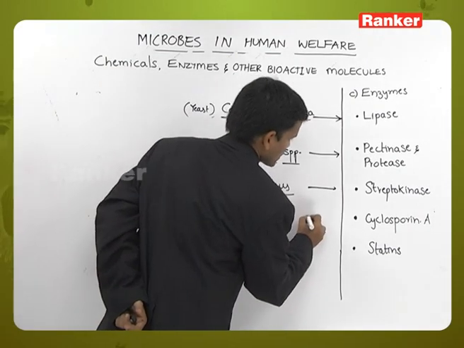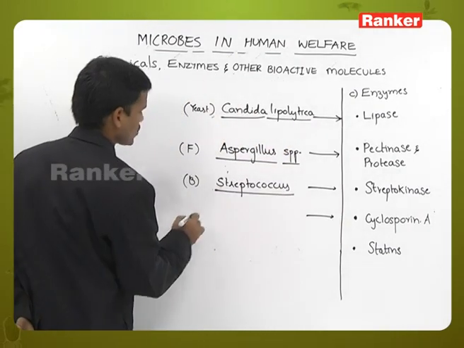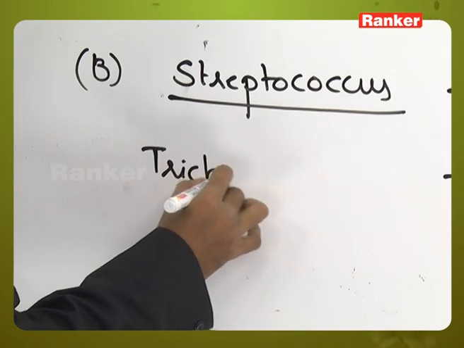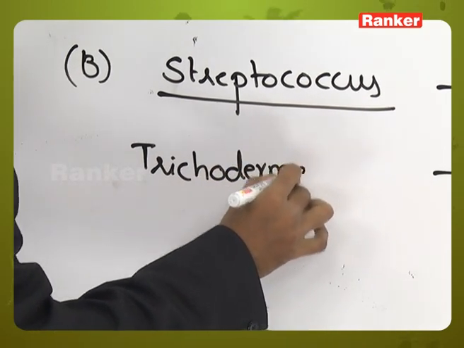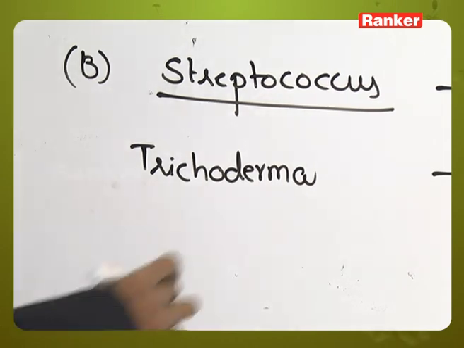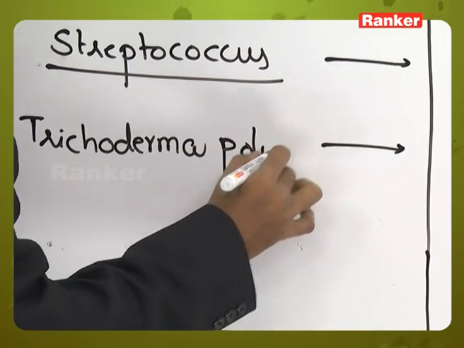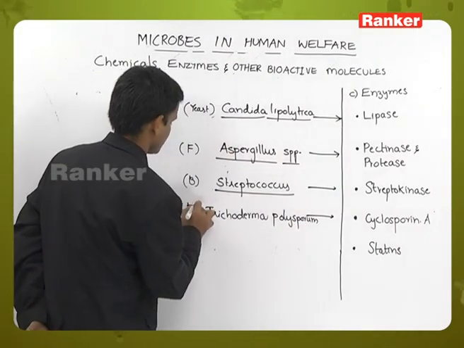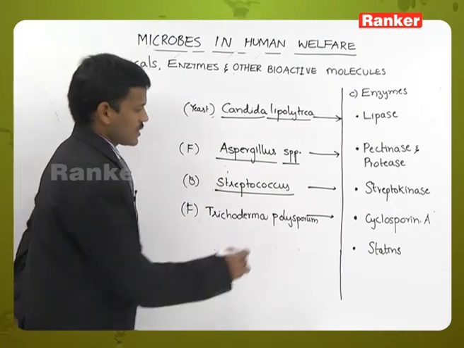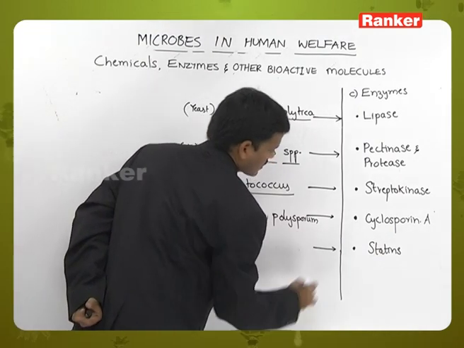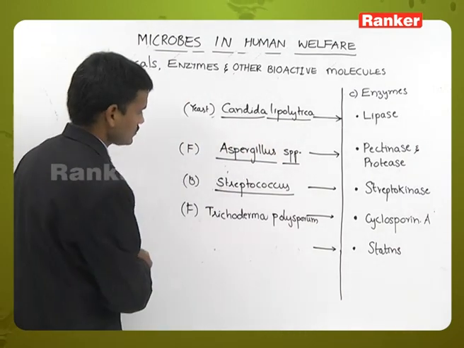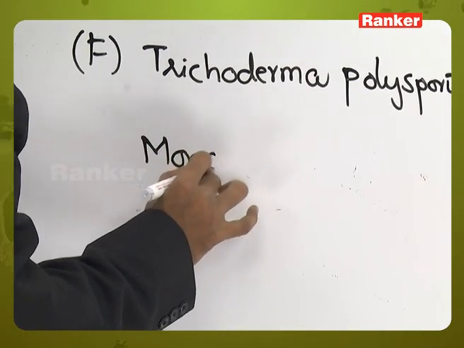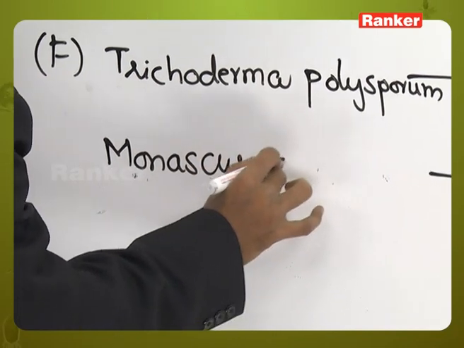And the next is cyclosporin A. Cyclosporin A is extracted from a fungus, Trichoderma polysporum. Statins are extracted from Monascus purpureus.